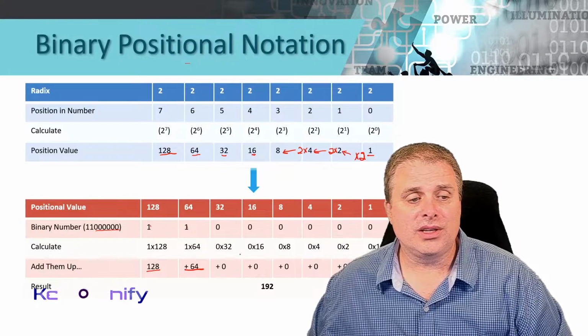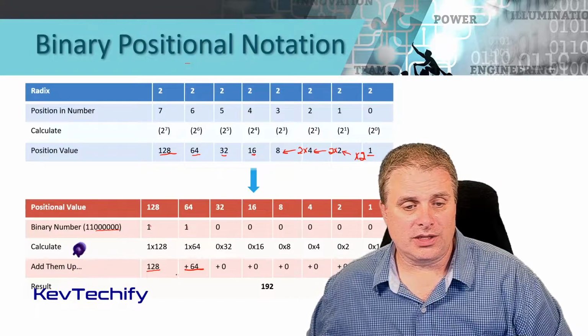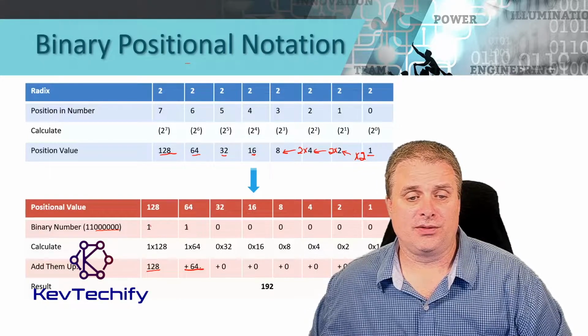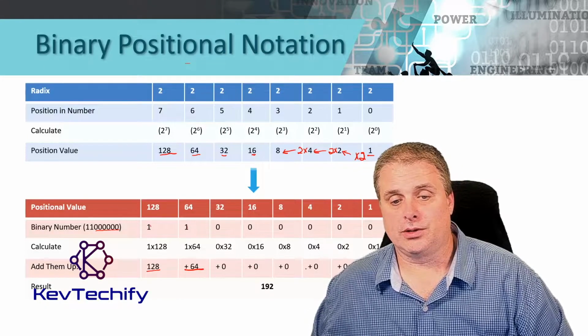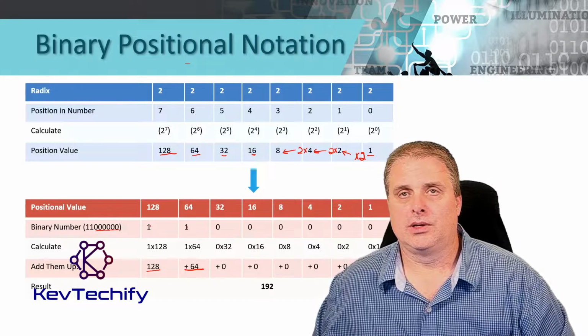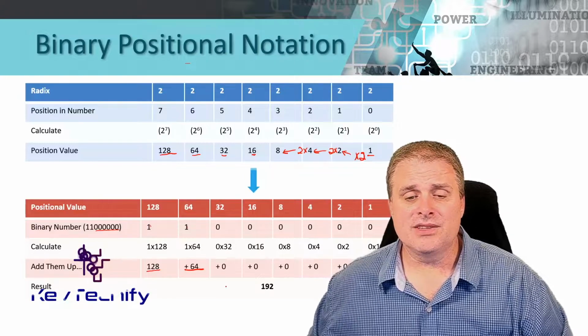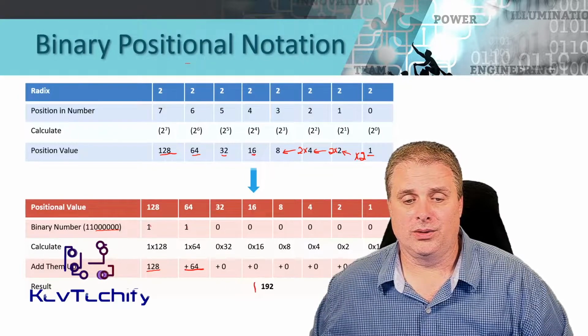Once we have all these calculated values, we add them up. 128 plus 64 plus 0 plus 0 plus 0 plus 0 plus 0 plus 0, or just easy, 128 plus 64 gives us a value of 192.